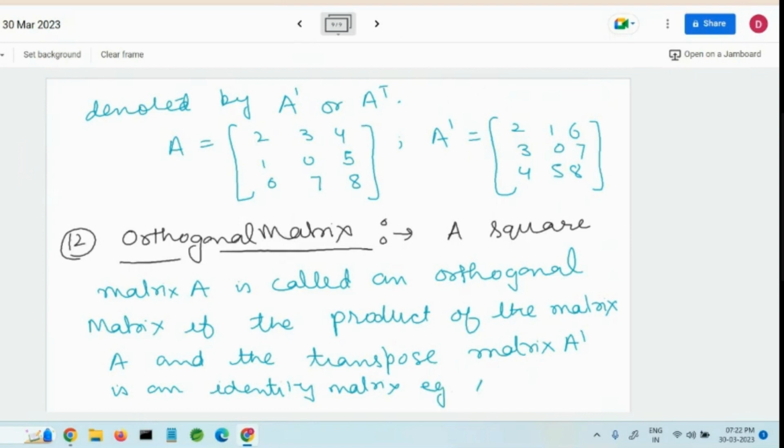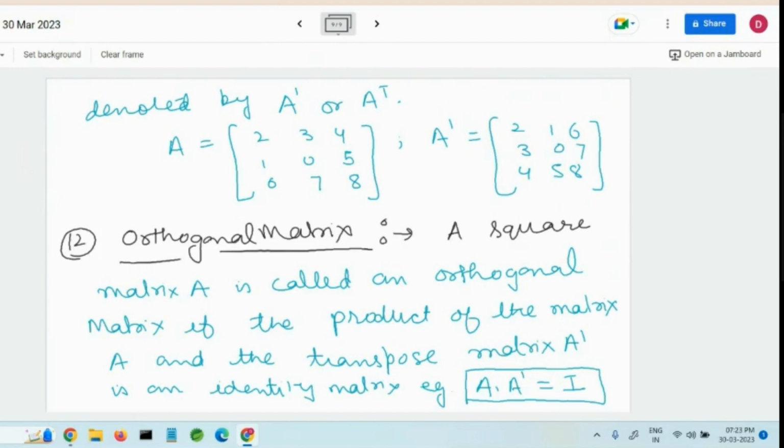That is, A into A transpose is equal to I. If we make the product of A and its transpose, and it converts into the identity, then we can say that it is an orthogonal matrix.